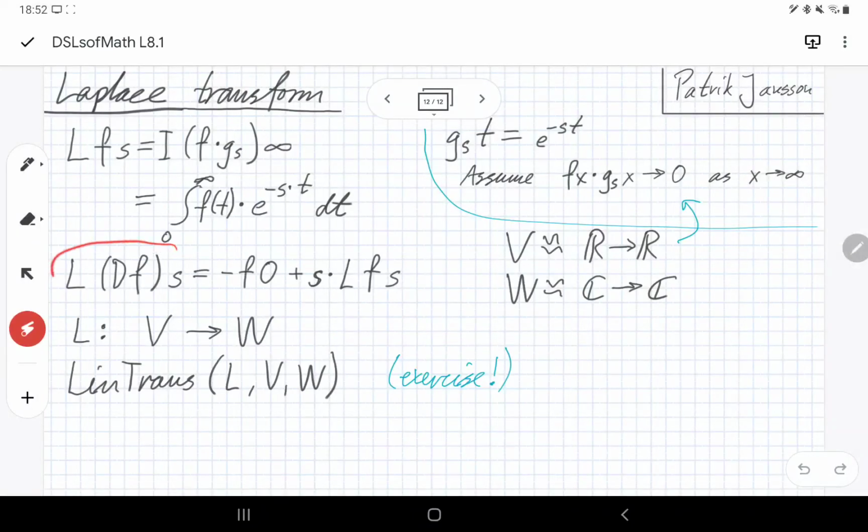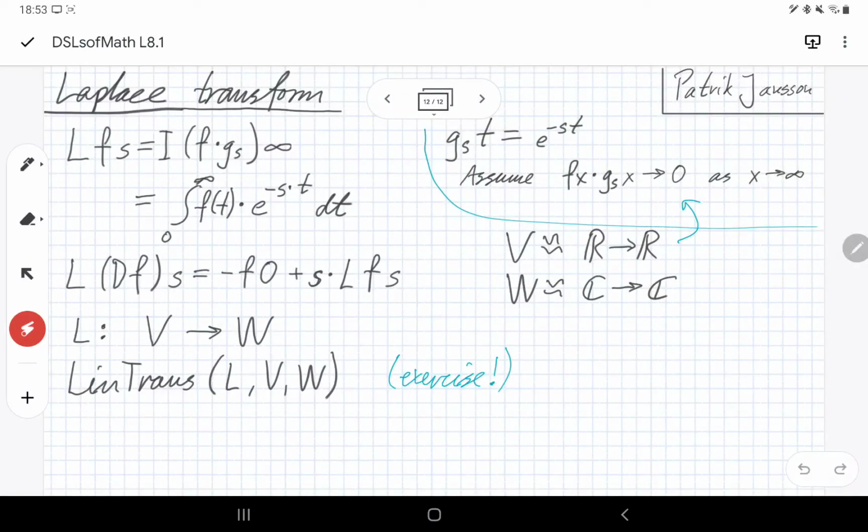And the formula we found out was that we can Laplace transform a derivative, and we can get an expression which involves the Laplace transform still, but not any derivative. And in total, the function L goes from V to W. We know that both V and W are vector spaces.